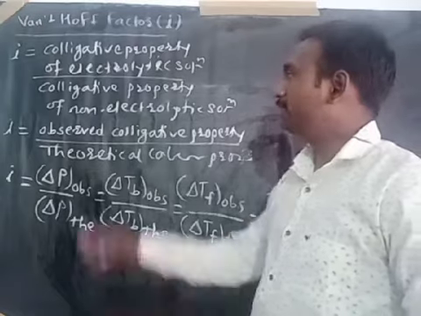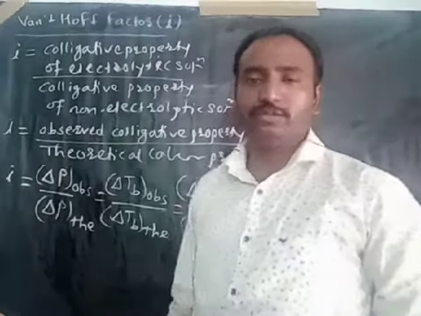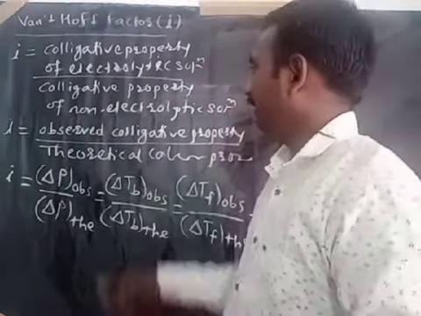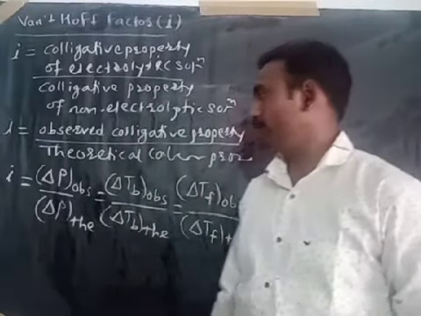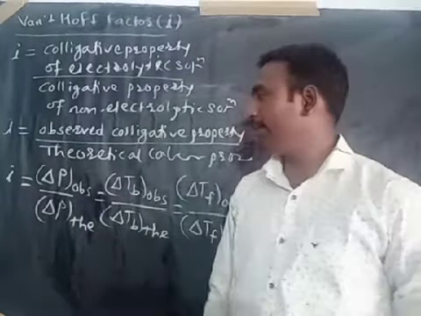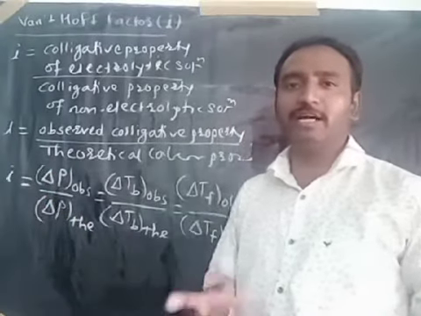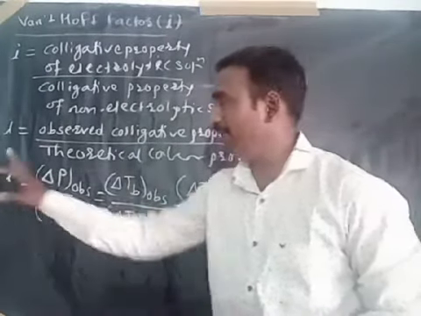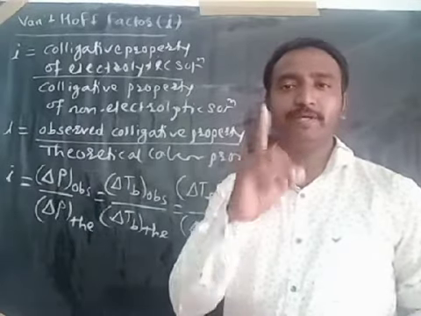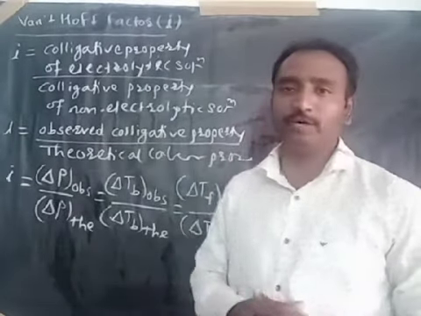But when we study a non-electrolytic solution, we find that the observed and theoretical values of the colligative properties are the same, and that's why the value of i is always 1 for a non-electrolytic solution.